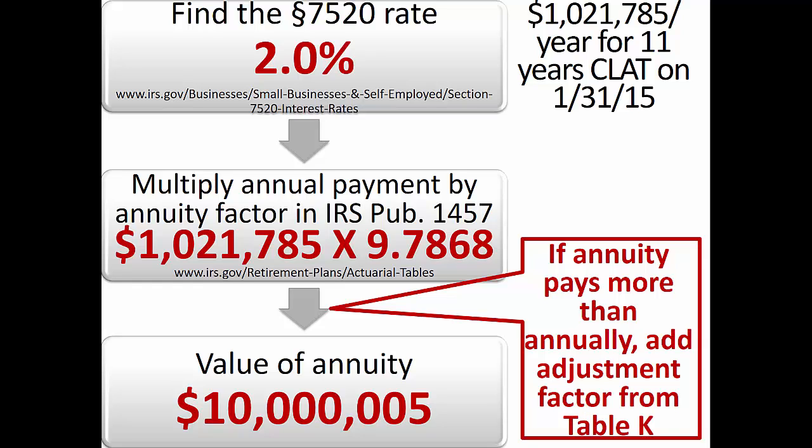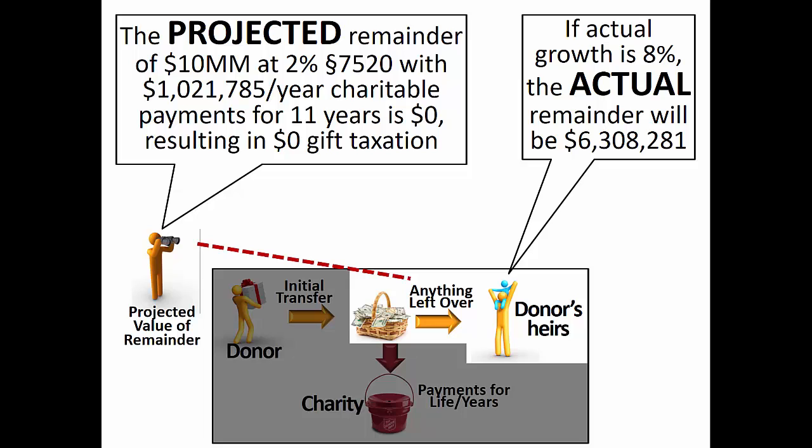If, however, the trust assets grow faster than 2.0%, any excess growth is transferred to the heirs or other non-charitable beneficiaries. This transfer of extra growth occurs without any gift or estate taxation. As before, the donor must pay gift taxes on the present value of the amount projected to go to the heirs.